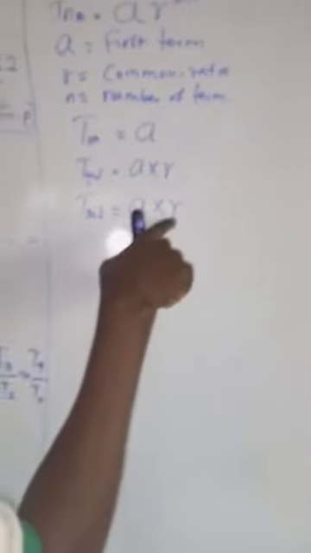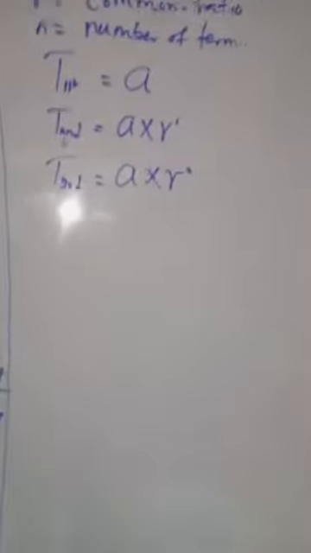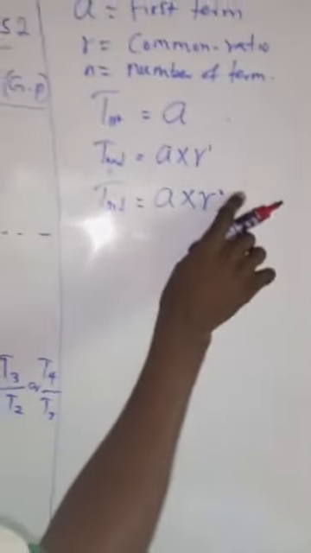So the third term will be the first term multiplied by r in power of 2. This one is in power of 1. So there will be a reduction in your term with the index here.